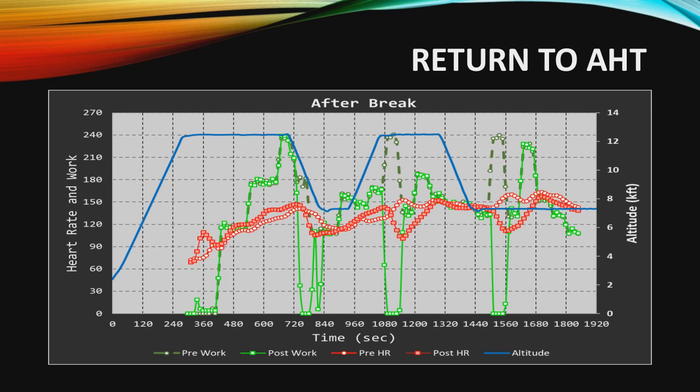To make a relatively long story short, over towards the second altitude exposure, and then the second high altitude exposure, and then in the final altitude exposure, he could not maintain the work rate that he had been able to perform as the AHT progressed in his initial training.